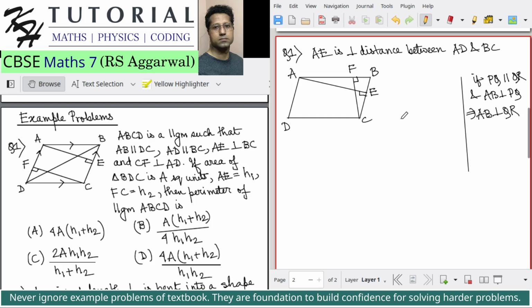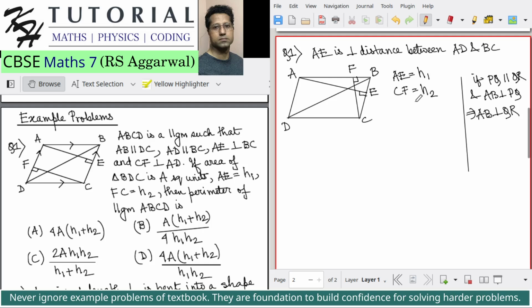So now it is given that BD is the diagonal of the parallelogram. The area of triangle BDC is A square units, AE is equal to H1 and CF is equal to H2.